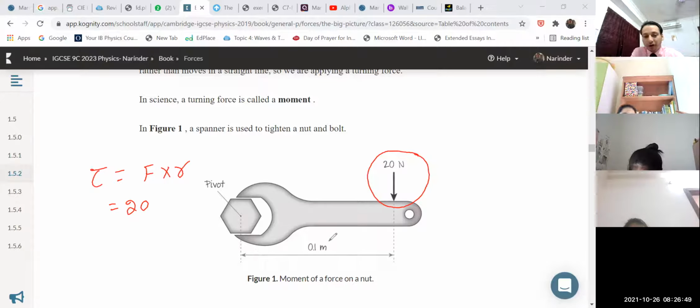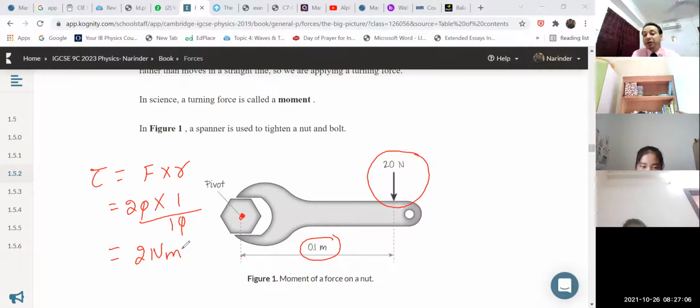Here it is given as 0.1 meter. This is the pivot about which the nut will rotate. So 20 multiplied by 0.1, I can write 0.1 as 1 by 10, and the zero cancels out. So 2 Newton meter is the turning effect of that force. Due to this 2 Newton meter, that is the torque, you can loosen or tighten this nut.